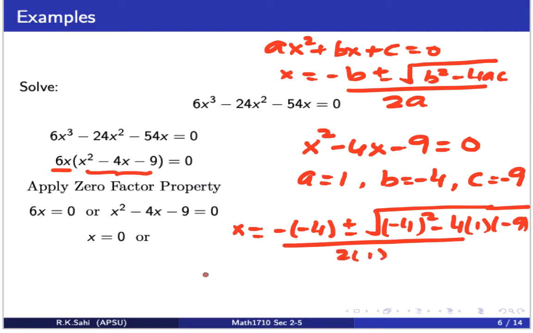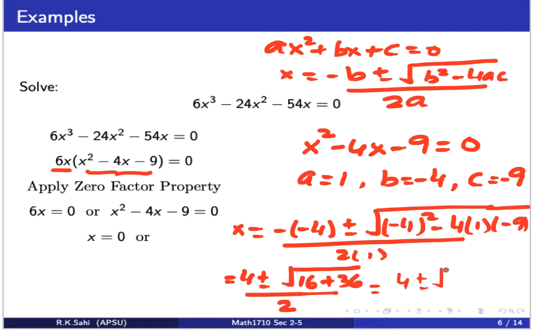What do we get here? 4 plus or minus the square root of, minus 4 squared is 16, plus 36, divided by 2. This is equal to 4 plus or minus square root 52, divided by 2.